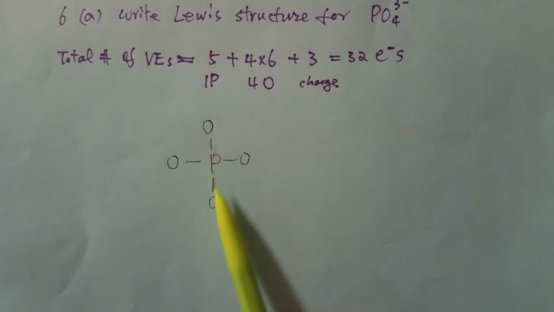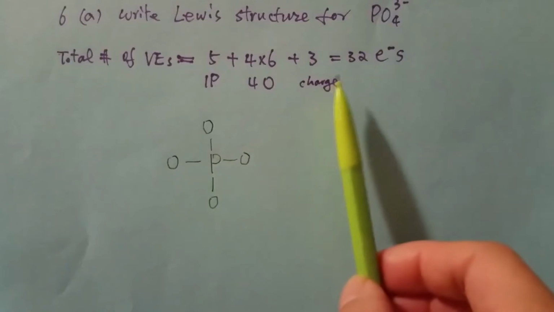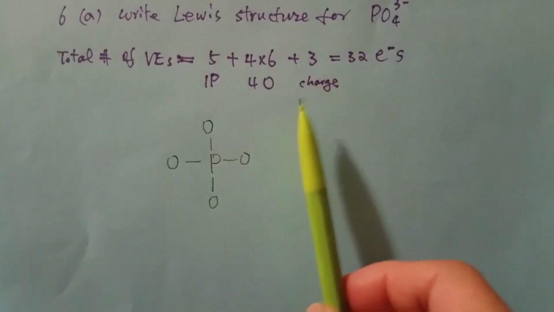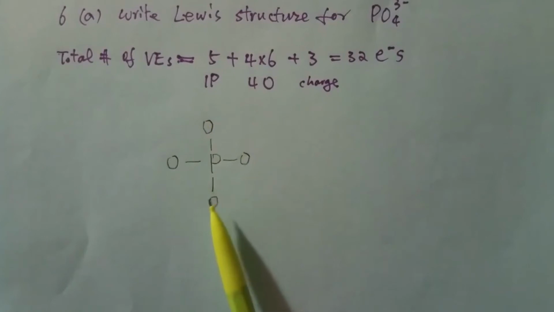First, let's just write a single bond to each, and then we'll assign the remaining electrons to the surrounding atoms. Make sure they satisfy the octet rule.